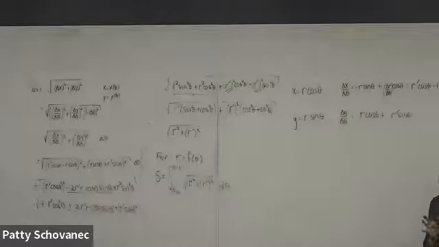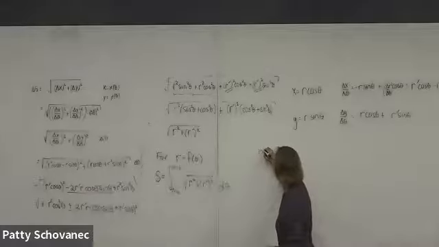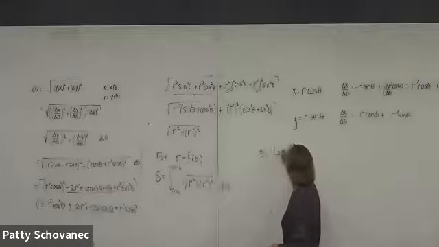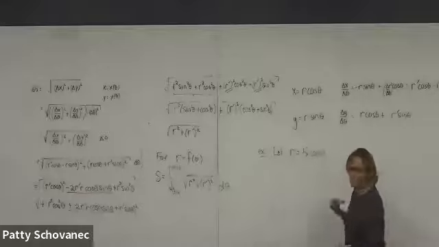But let's use it on one that we can do anyway. One that we can do without the formula, and one that we can do with. What kind of graph is r equal to 5 cosine theta? It's a circle, right?